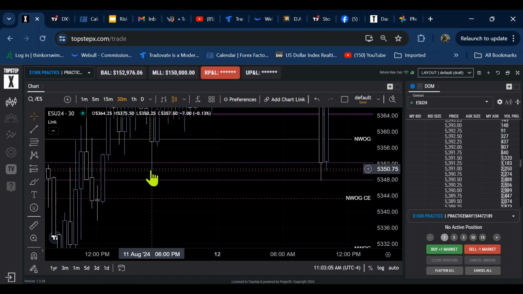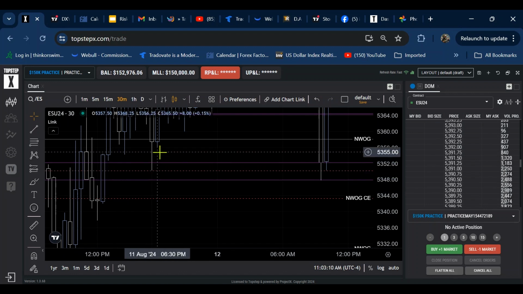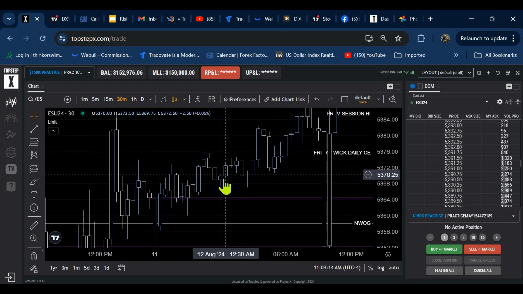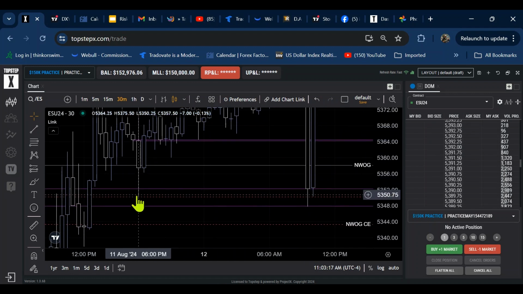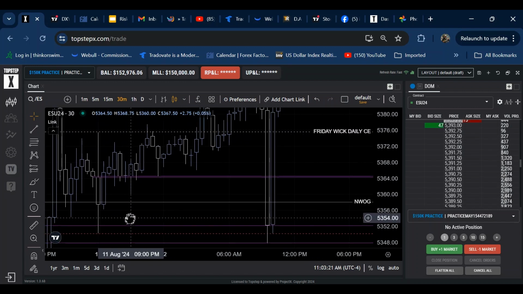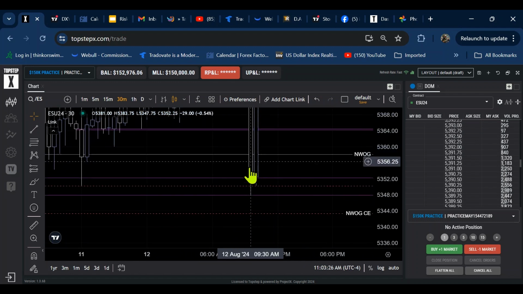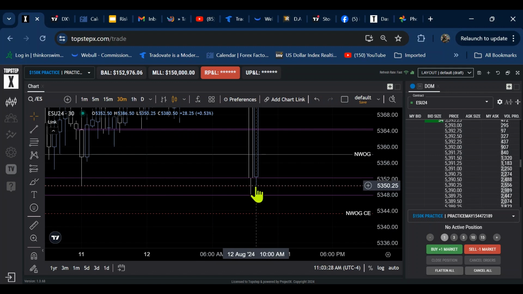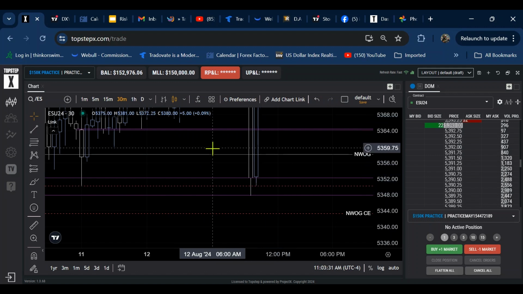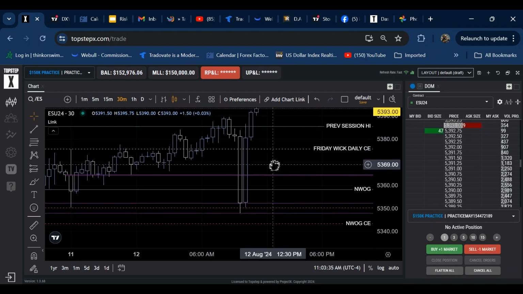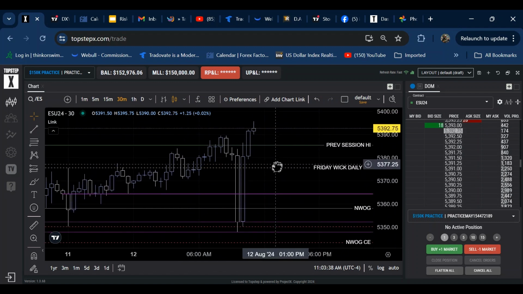Immediately after the open at 5 o'clock that created this gap, it went up, went to the consequent encroachment from Friday, came straight back down, hit that red line to the tick, meandered, and as soon as the market opened at 8:30, shot straight back down, and then straight back up. That's what the algorithm does. And now we are continuing up.